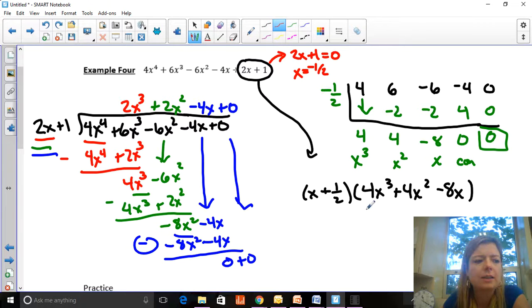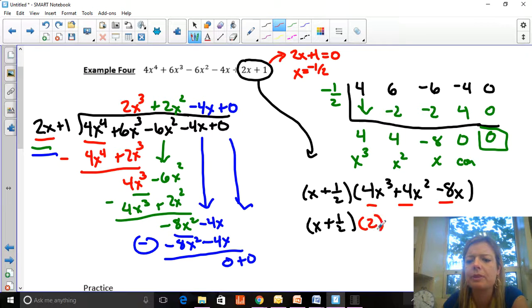Well, all of these are divisible by 2. So we're going to take a 2 out of all of them. They're actually all divisible by 4, but it's the 2 we want in here because we want this to be 2x plus 1. And notice that if we multiply that by 2, then we'll get 2x plus 1. So we're going to rewrite this x plus 1/2. And I'm going to pull a 2 out of all these guys.